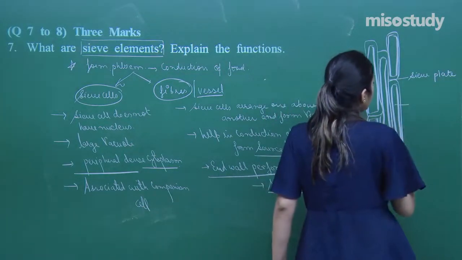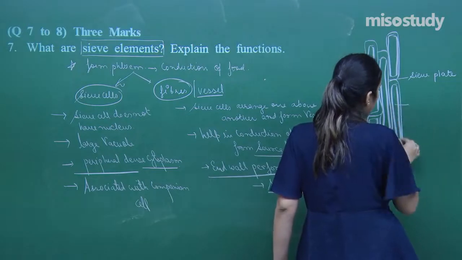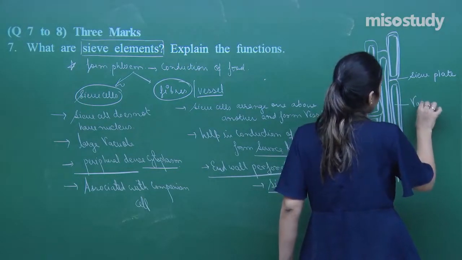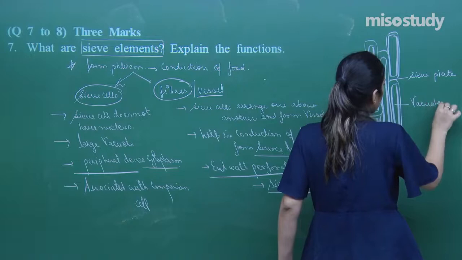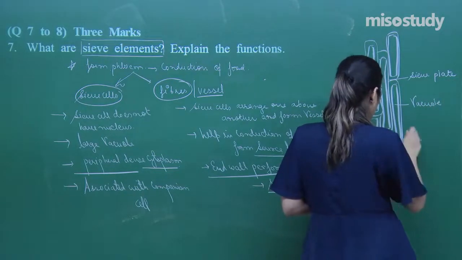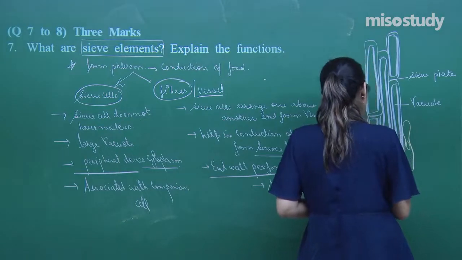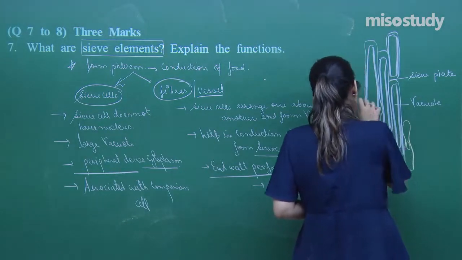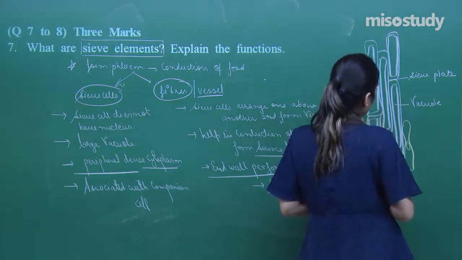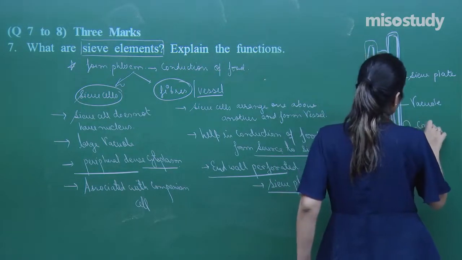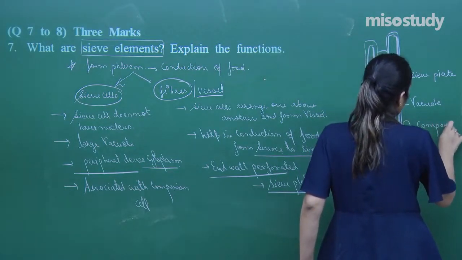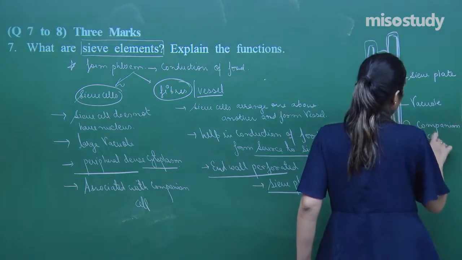In the center you can see an empty space is present, which is called a vacuole, a characteristic feature. And also you can see some cells present like this. They are called companion cells.